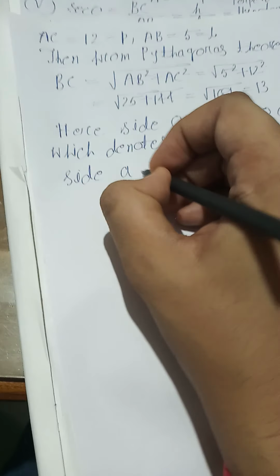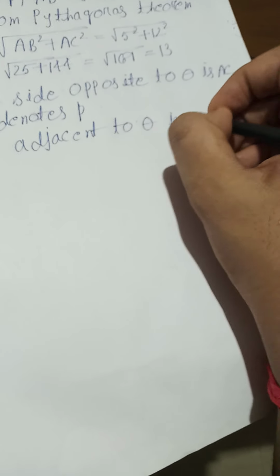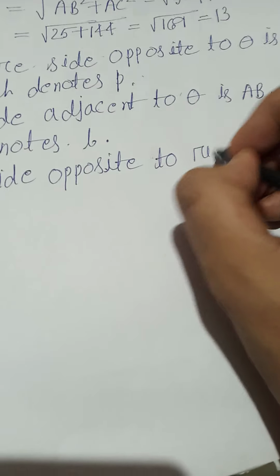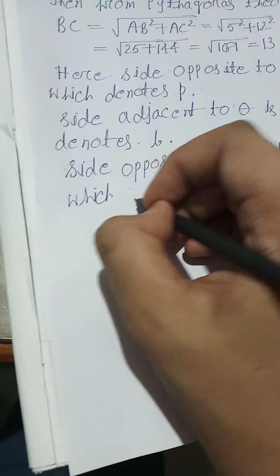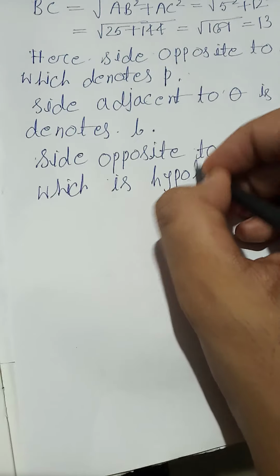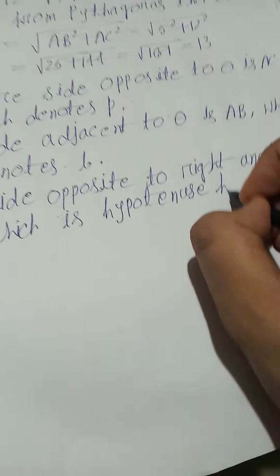The side adjacent to theta is AB, which denotes small b, and the side opposite to the right angle is BC, which is the hypotenuse, small h. So it's according to this figure.